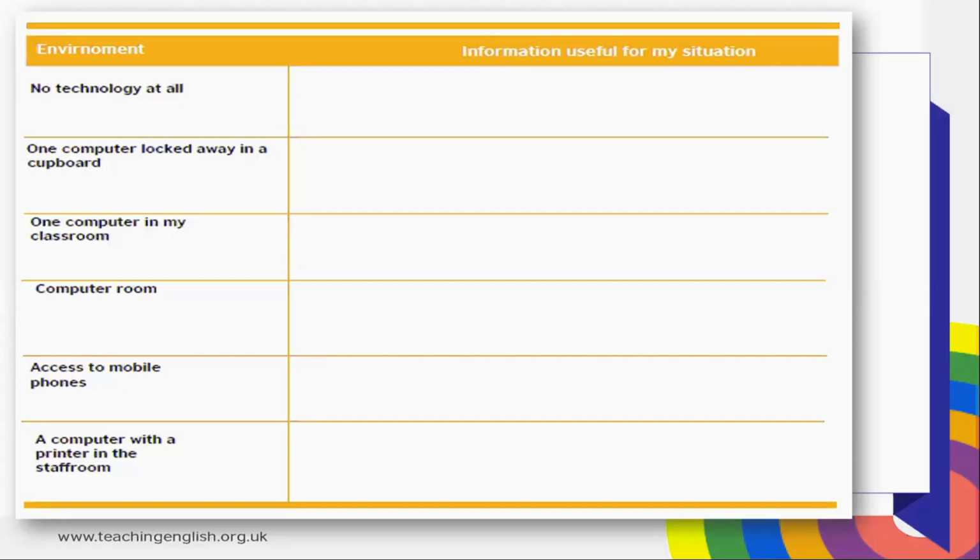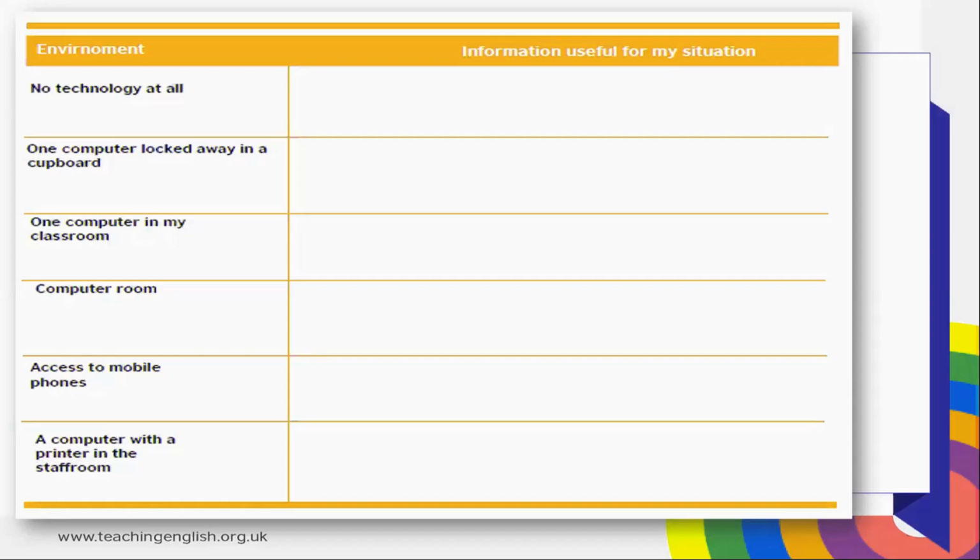Do you have a WhatsApp group with your class? Yes, we have WhatsApp groups with our students. And with your learners, you share data. Yes, which is a good thing.